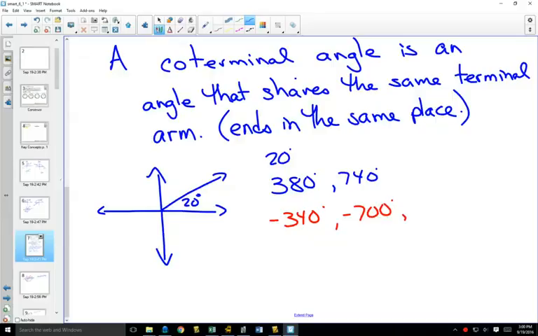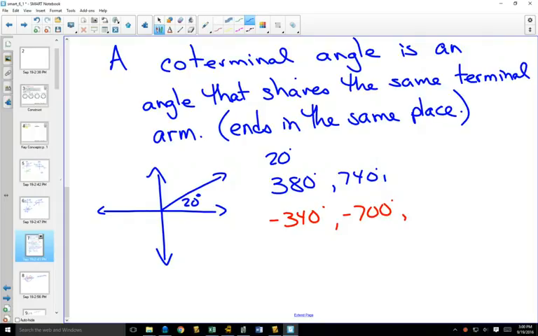How could you keep on going forever? Any larger number works. We have to keep adding or subtracting 360 degrees, right? And we could list them all.